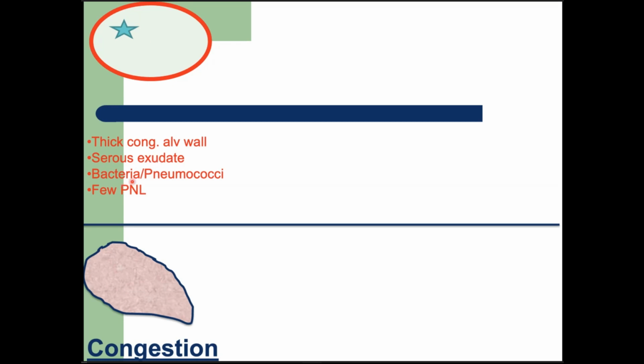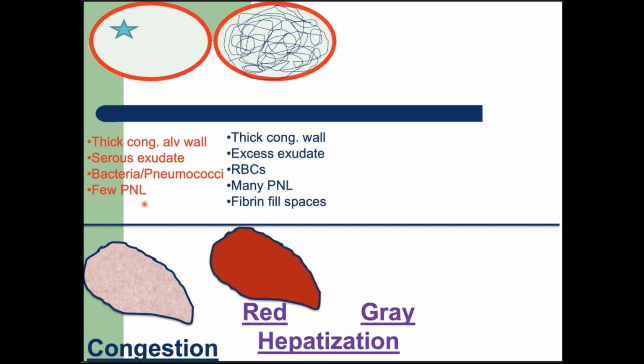Then you can also find bacteria, especially the pneumococcus, which is the commonest organism responsible for pneumonia. And then you can see polymorphonuclear leukocytes, which are few in the beginning, but later on in the second stage, you see many polymorphonuclear leukocytes. The wall is still thickened, the exudate increases, and it is thicker. RBCs come, the polymorphs are also many, and there is also fibrin.